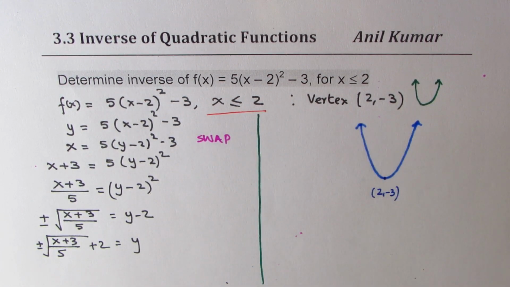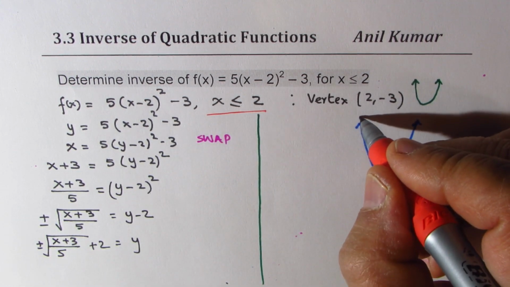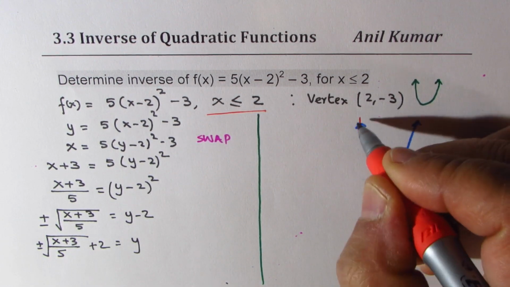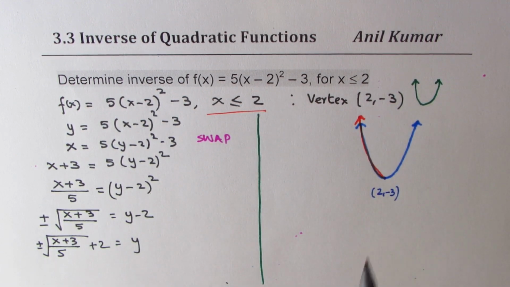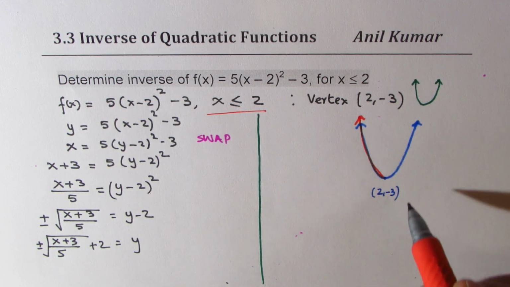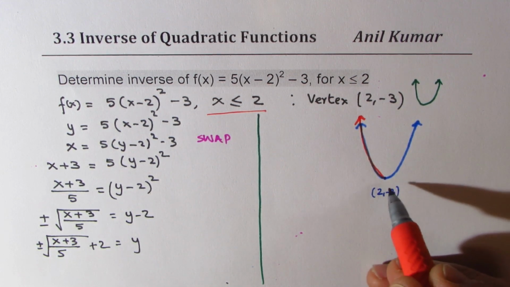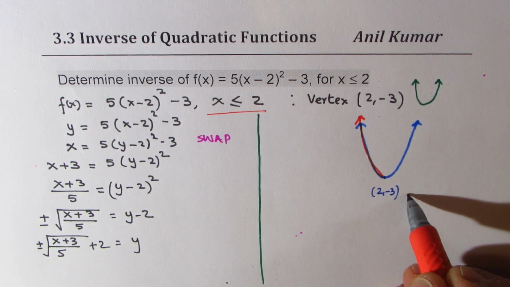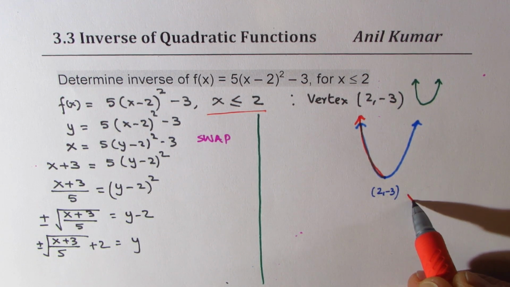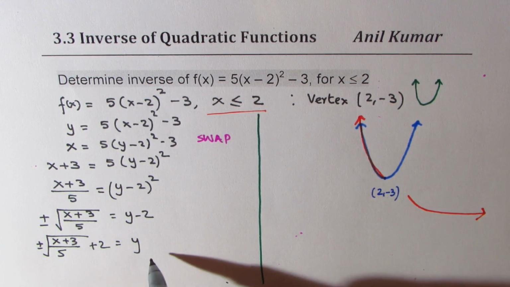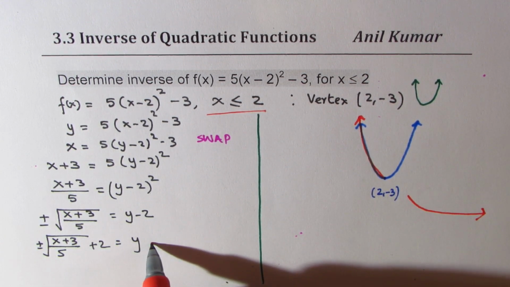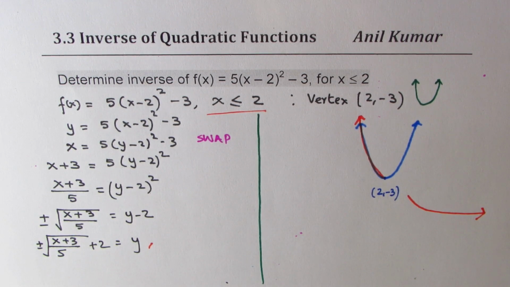When we say that we are looking into only one part of it, less than 2, we are actually looking only at the left side of the parabola. Correct? So, since it opens upward, the inverse will be the bottom half of your parabola going right. Correct?